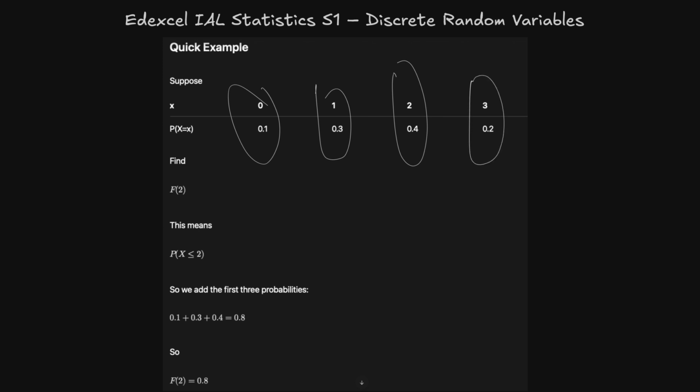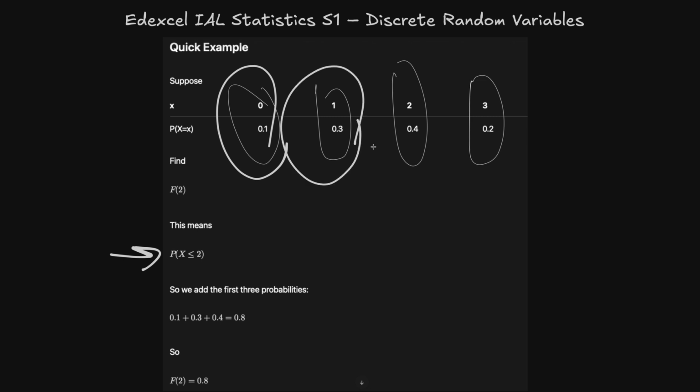Now normally what you will see in your exam is, for example, this. The probability of big X, which is the discrete random variable, being less than or equal to 2. So basically, the probability of big X being 0 or 1 or 2, less than or equal to 2.